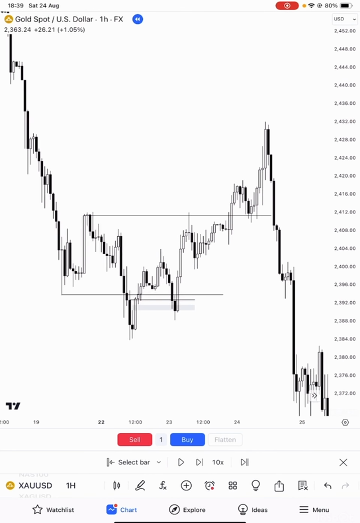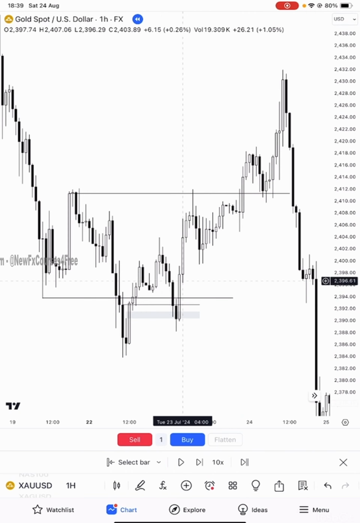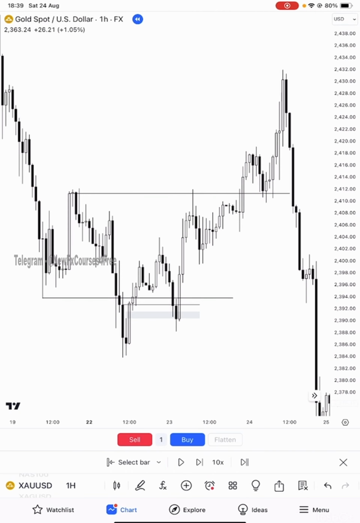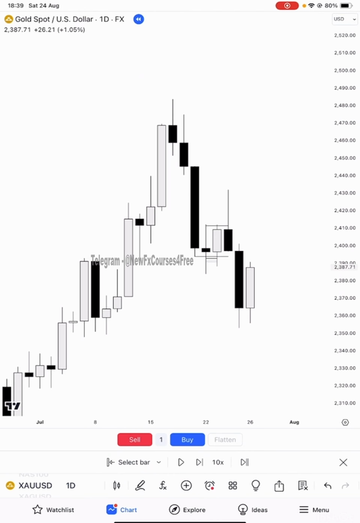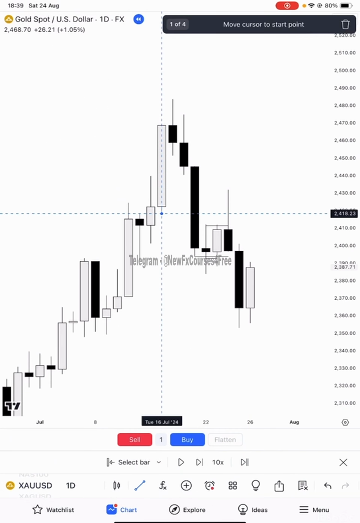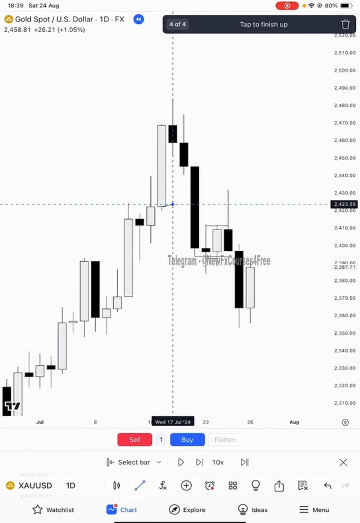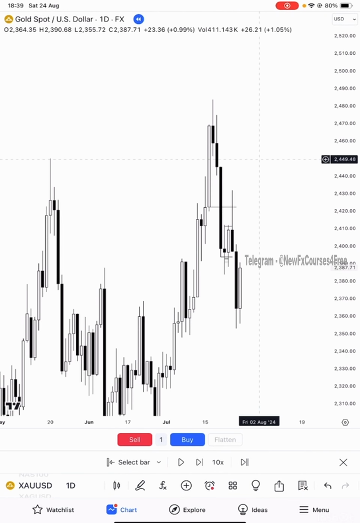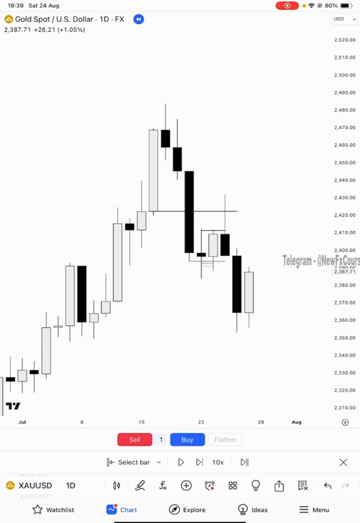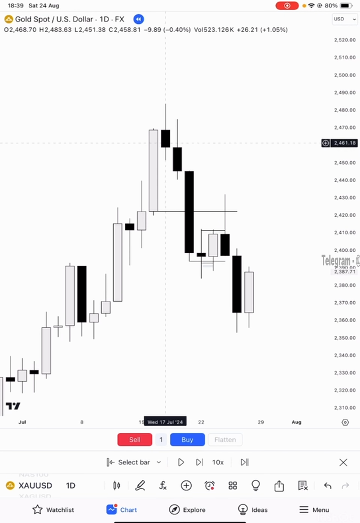However, once we got up there, we dropped. Why? Because the hourly chart was bullish until a higher time frame PD array is met. A daily order block, the candle that stabbed the high.